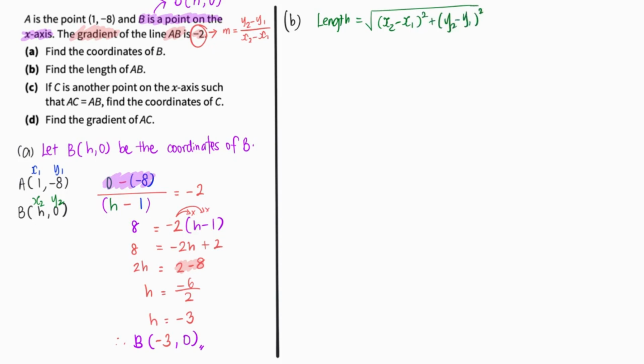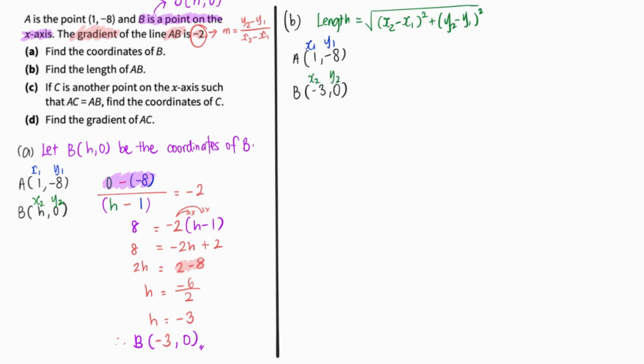Okay, so in this case, I still have my A, which is 1, negative 8. My B is negative 3, 0. Then from here I would be able to get my x1, y1, x2, y2.